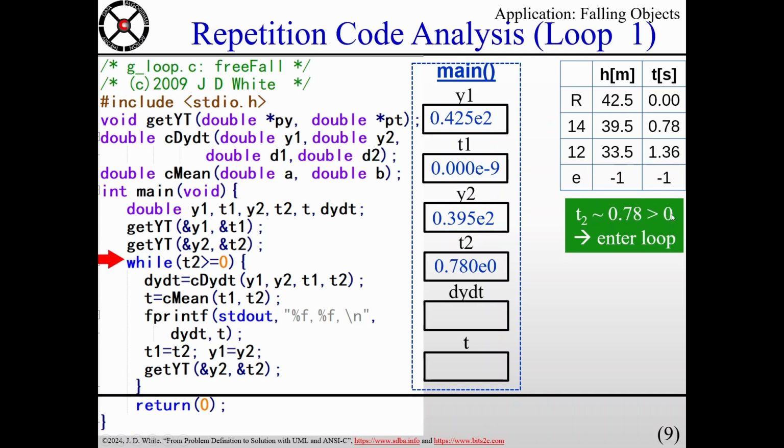It's greater than 0, so we enter the loop. dy dt calculates the derivative, and we get a negative number for the velocity. We then call c mean. It gets us the mean value of t, and we print out the value.